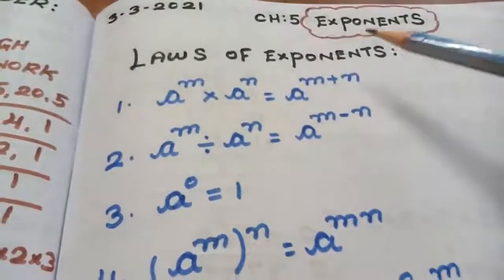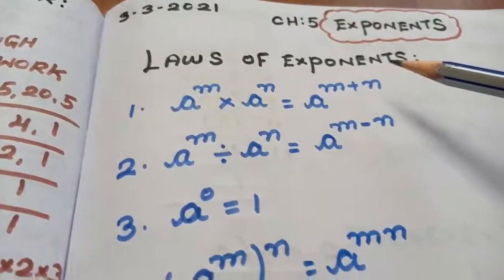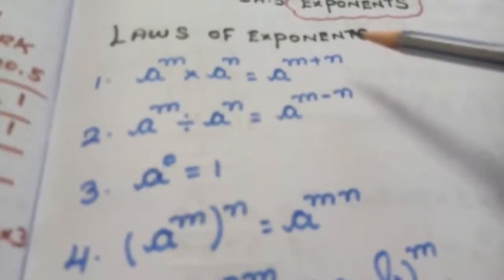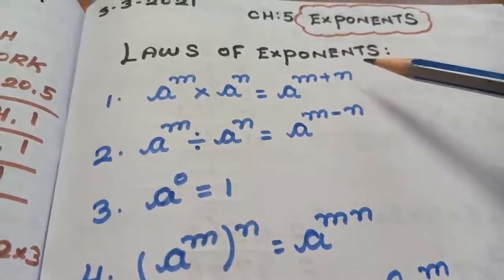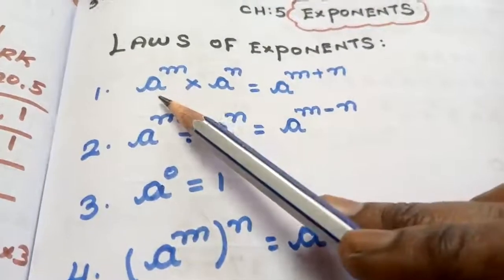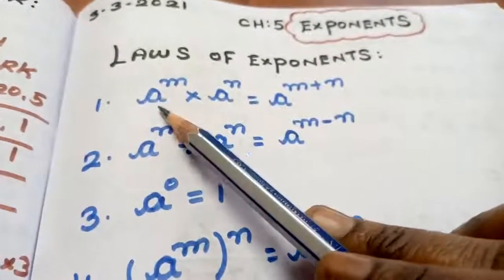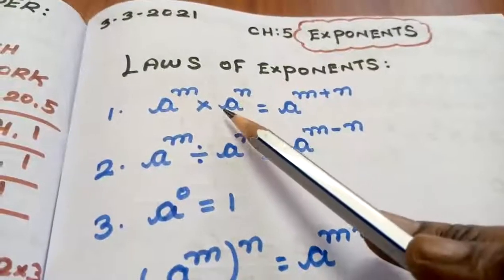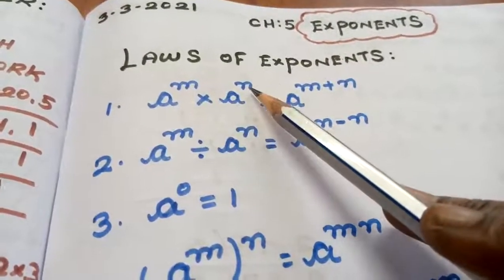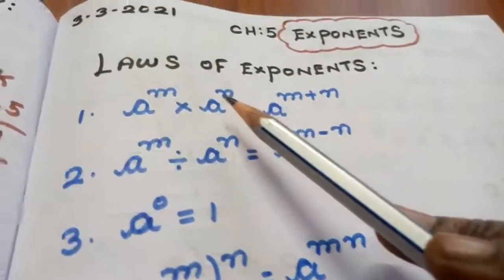So, laws of exponent. In exponents we are going to have formulas and based on those only we are going to do the sums, students. So what is the meaning of law of exponents? If the base is same and the power is different, that is, the numbers are same and the powers are different. When I'm talking about base and power, don't think that it is going to be in alphabetical form.